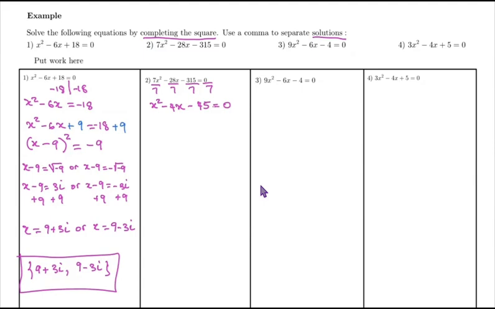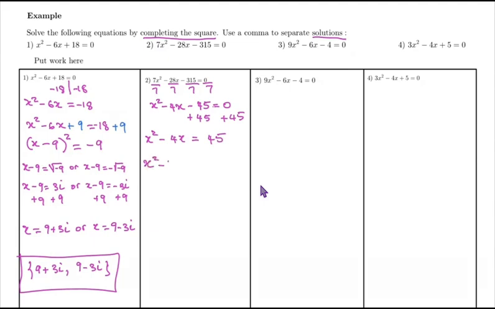Now, after dividing by 7 on both sides, we have coefficient 1. We can add 45 on both sides. We have x squared minus 4x equals 45. We will complete the square.